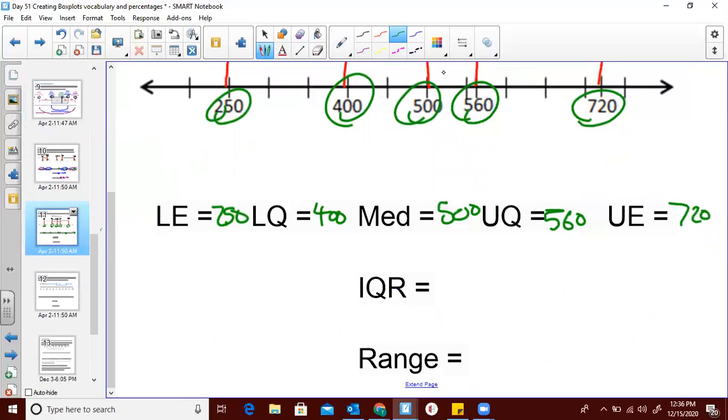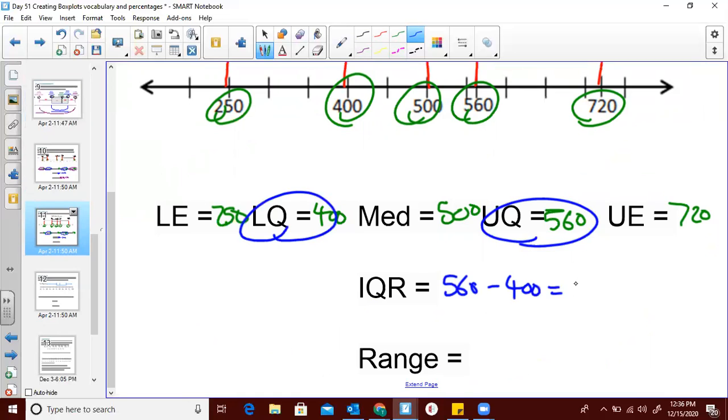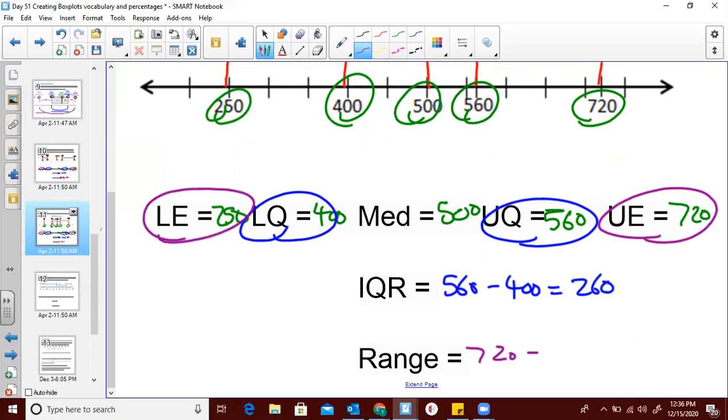And when you find your interquartile range, it's your upper or third quartile minus your lower or first quartile, which will give you 260. And your range is your upper extreme or largest number minus your lower extreme or smallest number, which I believe will give you 470.